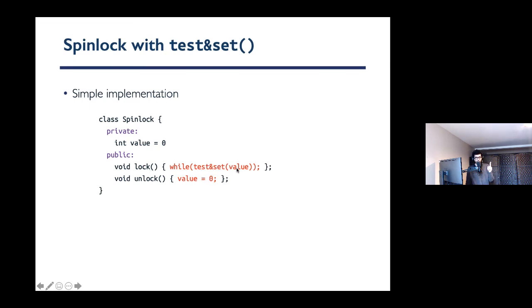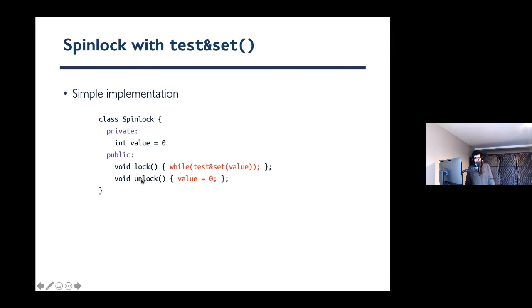The value is 1 now. Test and set will make it 1 again and returns 1. And this while will keep doing it again and again, right? So they will get stuck here. If the value is 1, whoever calls lock will get stuck here.